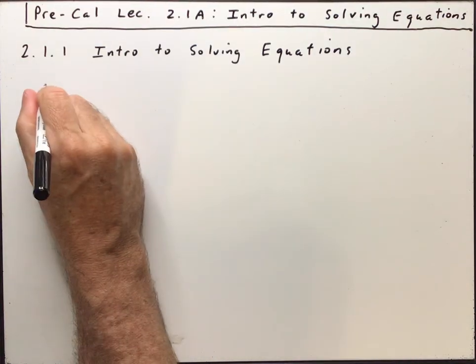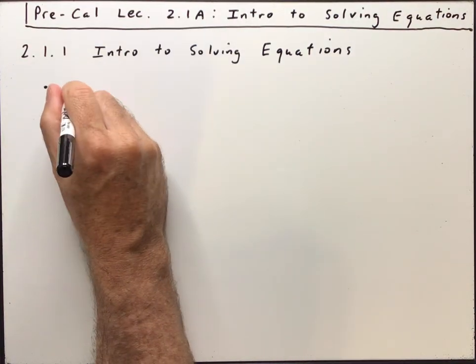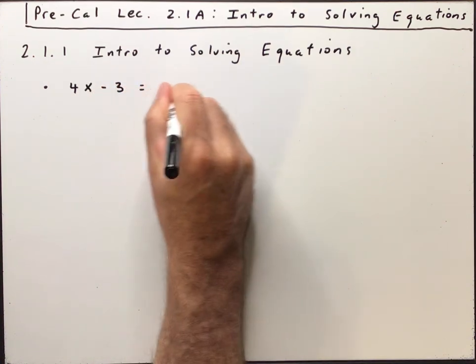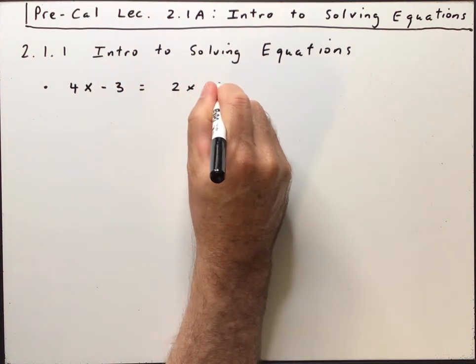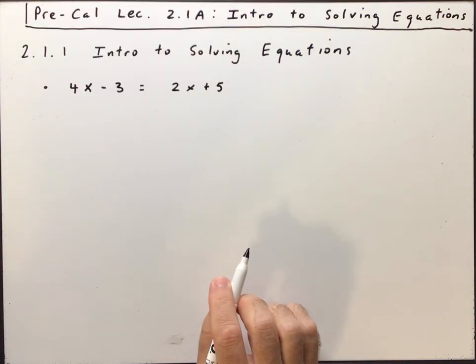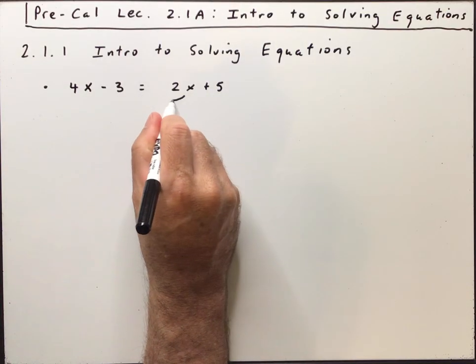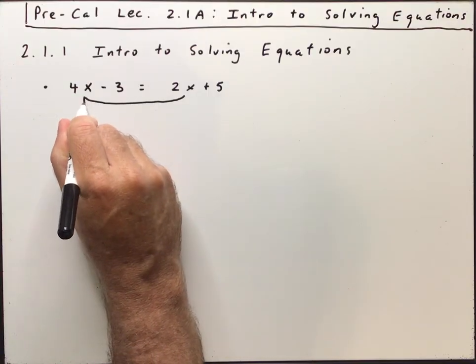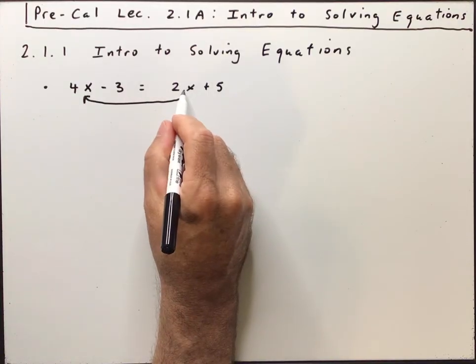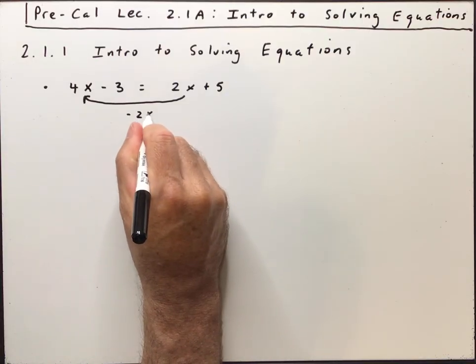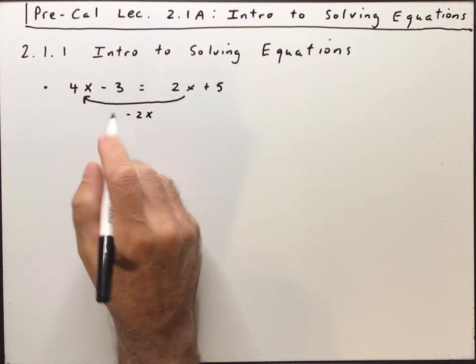So let's write that equation down again. We have 4x minus 3 is equal to 2x plus 5. Instead of going through all those steps, let's just try to visualize. If you move 2x on the right side to the left side, you just have to make it negative. If you move it across the equal sign, you have to change the sign.